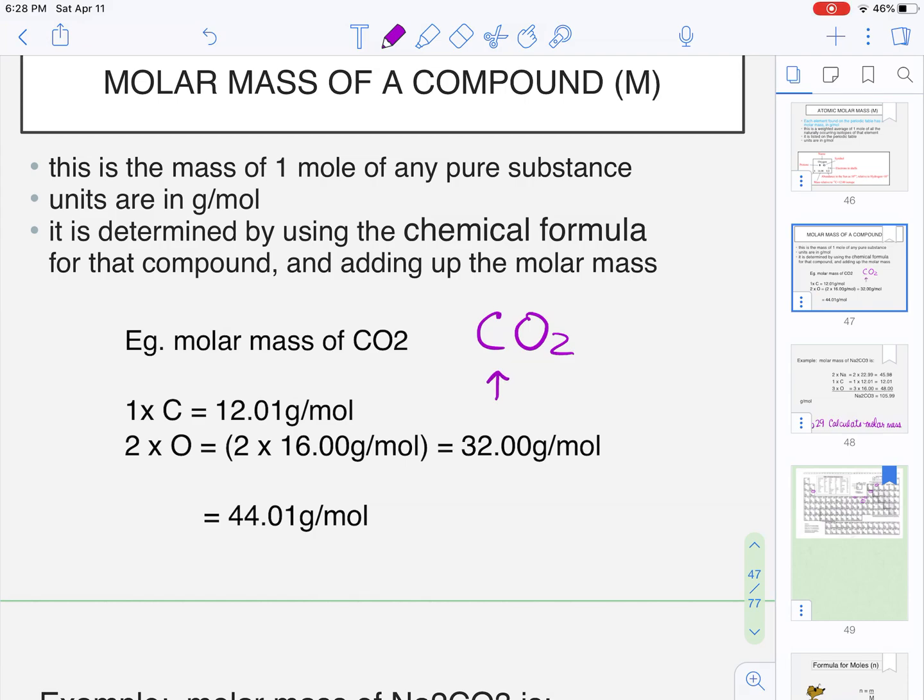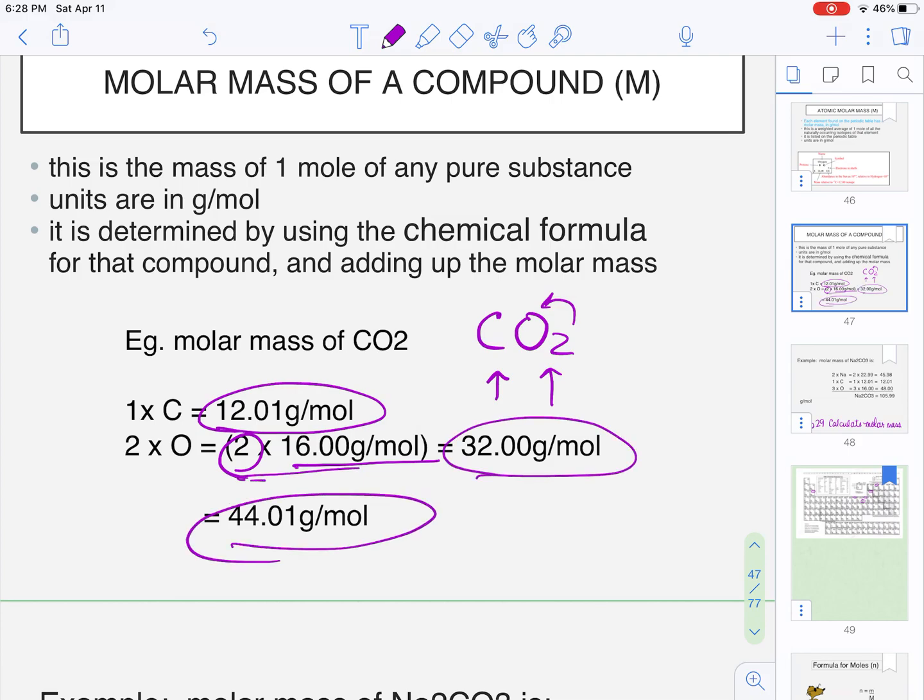Add up the molar mass of carbon, which we saw was 12.01, and you have to go 2 times the oxygen to add those all up in this molecule of carbon dioxide, because there are 2 oxygens. So oxygen being 16, as you can find on your periodic table, you'd have to go 2 times that, and as you add them up, you're going to take 12.01 and the 32, and that adds up to 44.01.